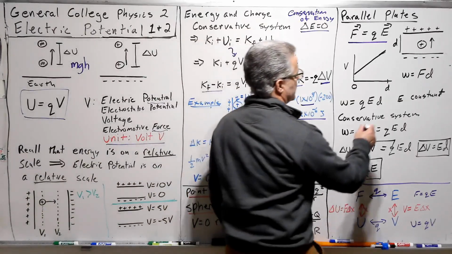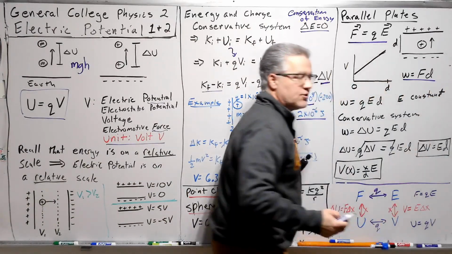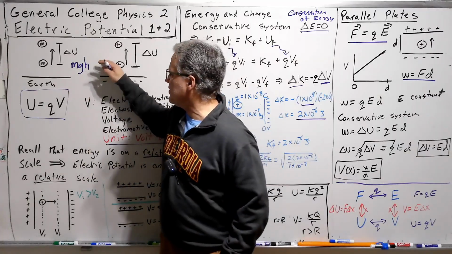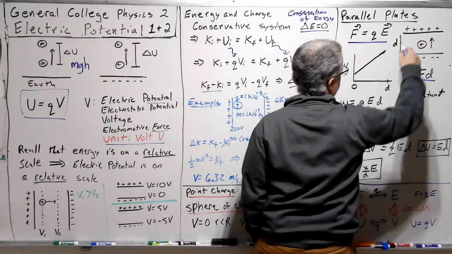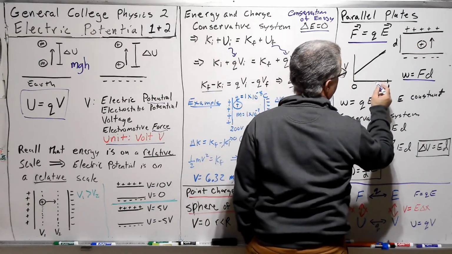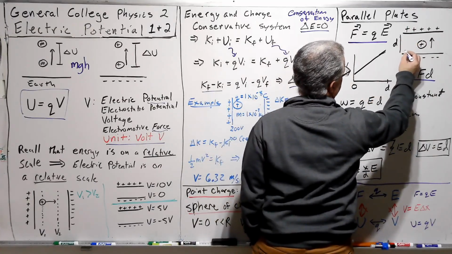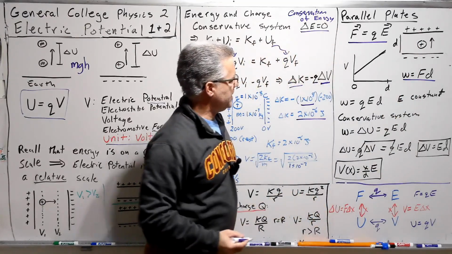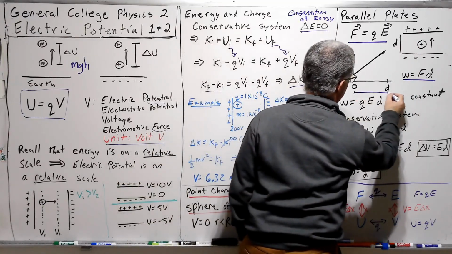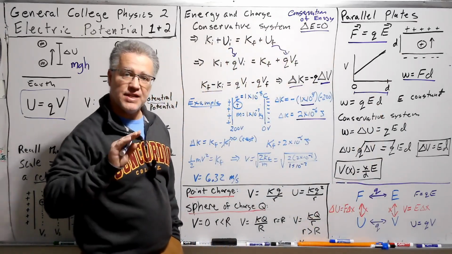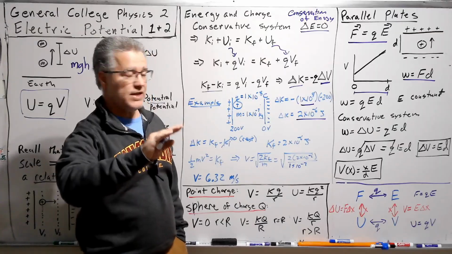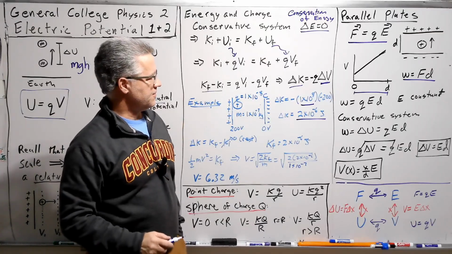So we can calculate the work done as we move this charge from one side to another. If we have plates of separation d, and we look at the voltage across that distance, it's going to be a straight line with a slope equal to the electric field.